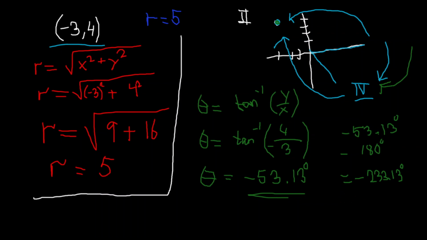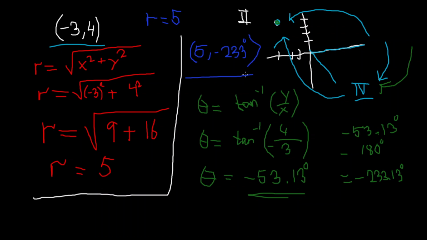So our real theta is negative 233.13 degrees. So our polar coordinate is 5, negative 233 degrees. You can round it however you want.